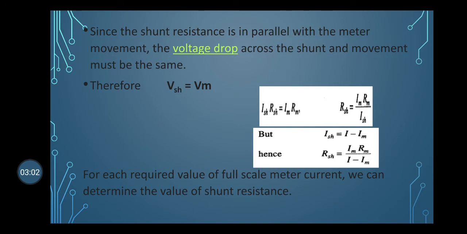Now, since the shunt resistance is in parallel with the meter, the voltage drop across the shunt must be equal to the voltage drop across the meter.